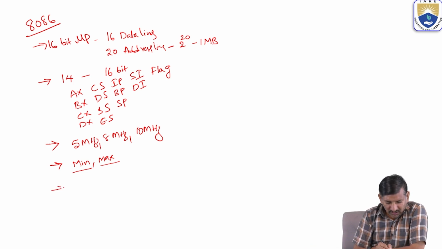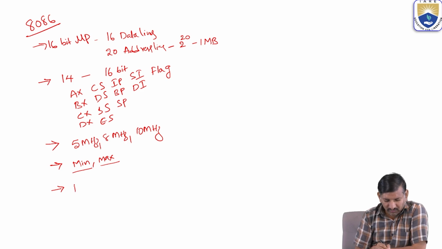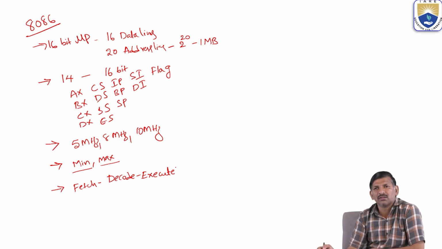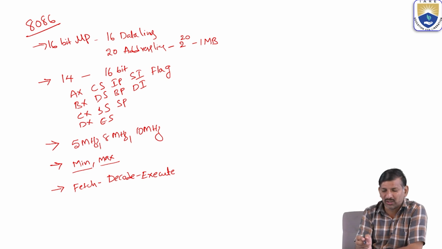Next, it provides pipelining technique like fetch, decode, execute. So what is the advantage of pipelining technique? Suppose I want to add two numbers, 1 plus 2 equal to 3.